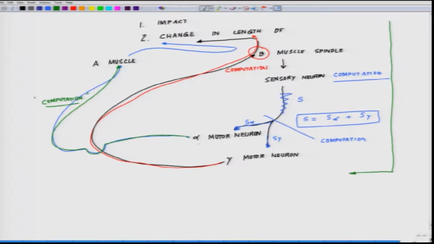And you are observing something very interesting. This is the part I wanted to highlight now. There is a mechanical stimulus, which is the impact. This mechanical stimulus is transformed into an electrical stimulus.